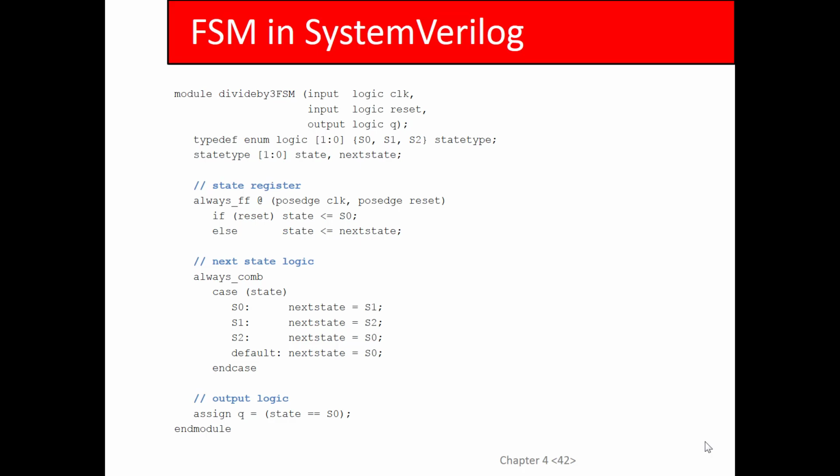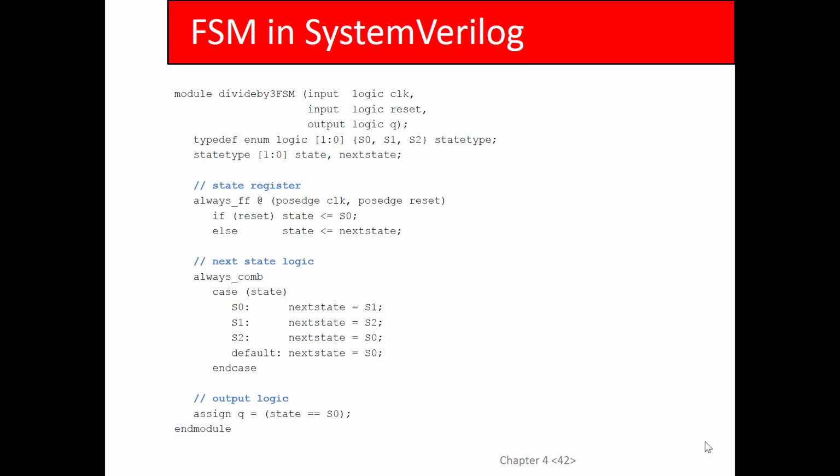Now, some people will take the output logic and combine it with the next state logic, especially if you're doing a Mealy machine. That makes sense, so you could merge these two into one big always statement. That's okay, but you should have a state and next state signal and so forth. Okay. Any questions about that?